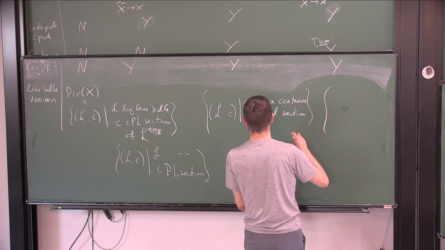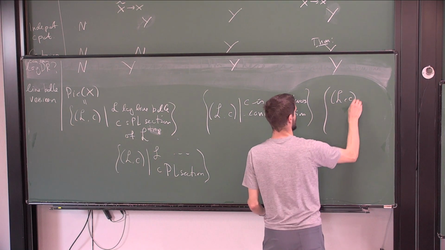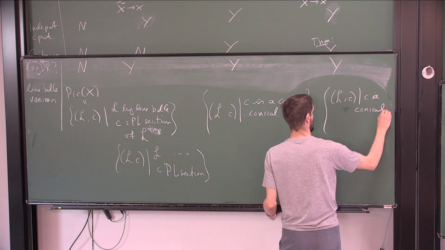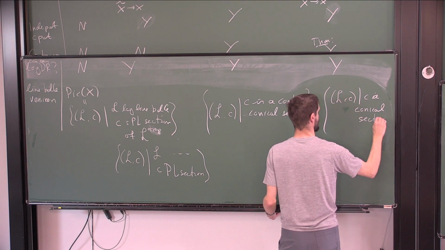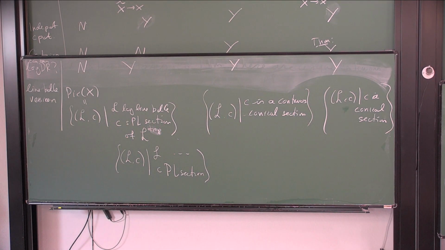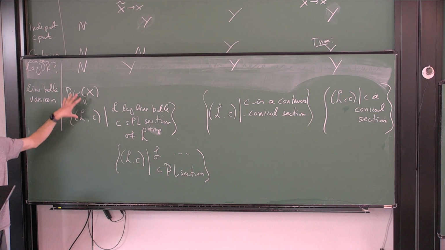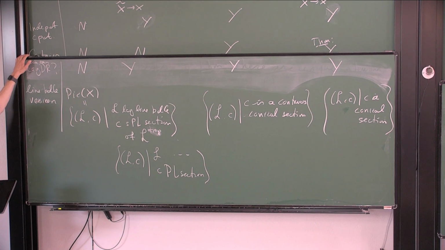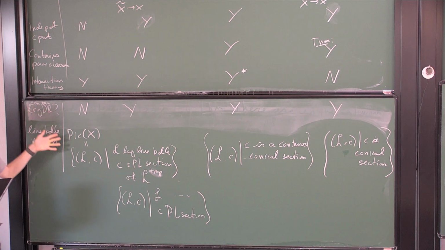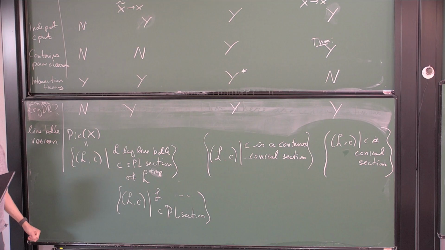Over here, as I'm sure you've guessed by now, it's pairs (L, C), where C is a conical section. So this gives a very explicit way that you can write down these objects. The tensor product is just tensor the log line bundles and add the sections, so this works in a reasonable way. If you like log line bundles, then this is a very elegant way to write them down. If you don't like log line bundles, then I'm sorry.